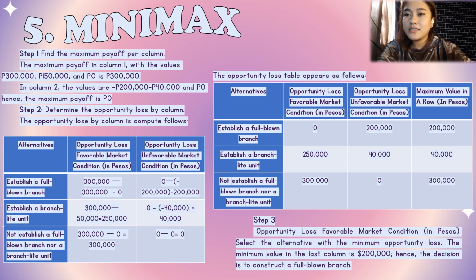Last is do not establish a full-blown branch nor a branch-like unit. In the first market condition, 300,000 less 0 is equal to 300,000, and of course in the second market condition, 0 less 0 is equal to 0.